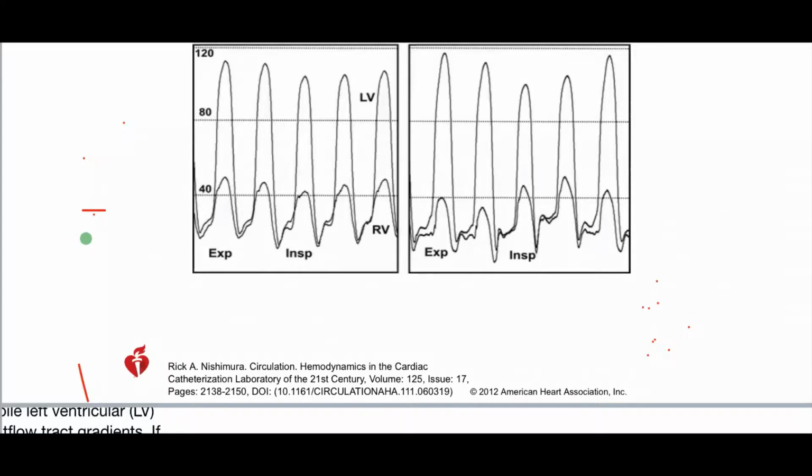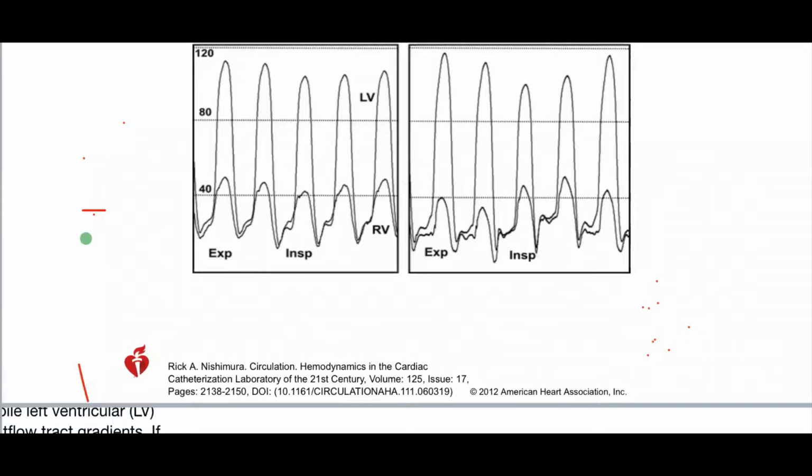We say that we have increased or enhanced interventricular interdependence. But interventricular interdependence is physiological, and when it exceeds some degree, it indicates constriction. So it's a matter of the quantity, not the quality.